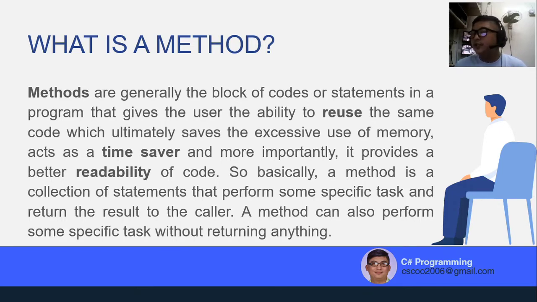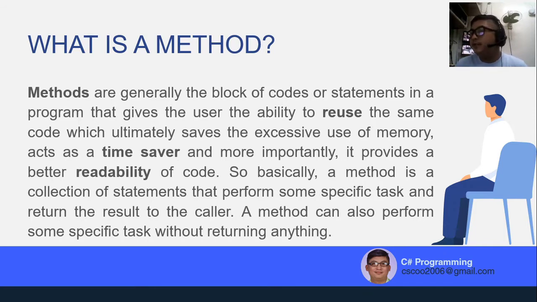A method is a collection of statements that perform some specific task. If you have a task in your program that requires several statements, then my advice is to use a method, most especially if the task can be repeated several times throughout the program.